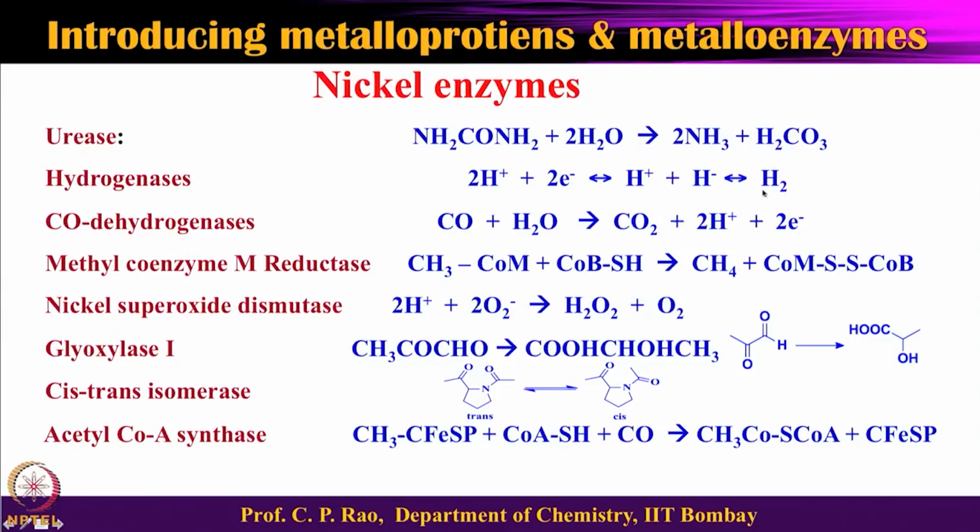So this kind of enzyme functions both ways. The reduced enzyme will function to reduce further, and the oxidized enzyme functions to oxidize further. Therefore, H2 gas is oxidized to 2H+ plus 2 electrons, and 2H+ plus 2 electrons are reduced to give H2.